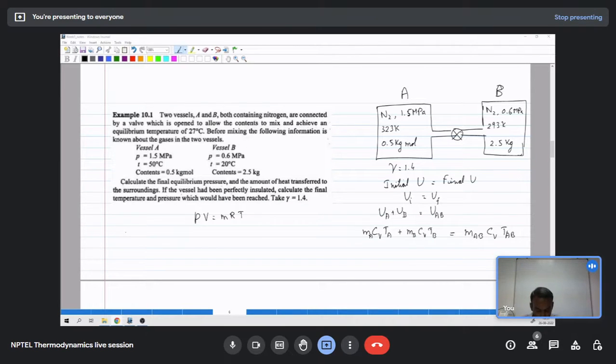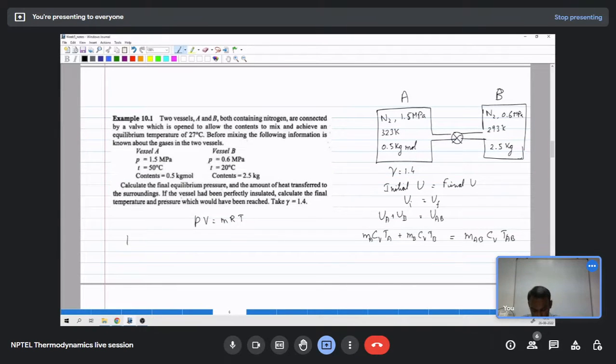So for the initial condition, PA VA is equal to MA R TA.